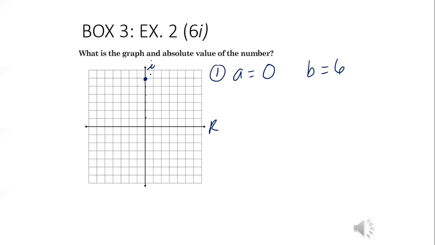So when I plot, here is where 6i is. So therefore, the absolute value of 6i is just what? 6. Because you can literally count how far it is from the origin.